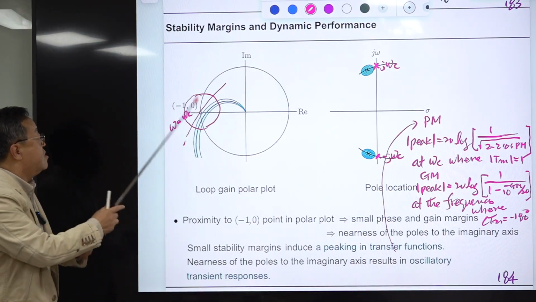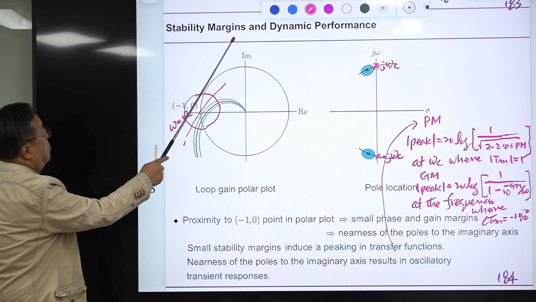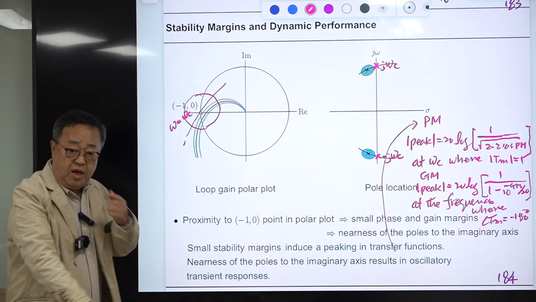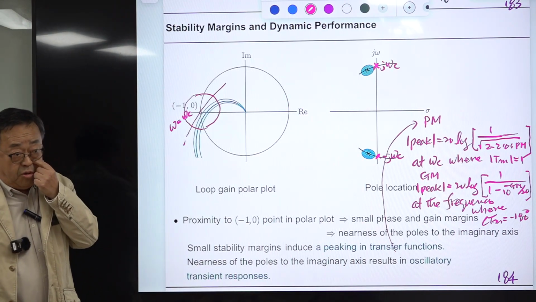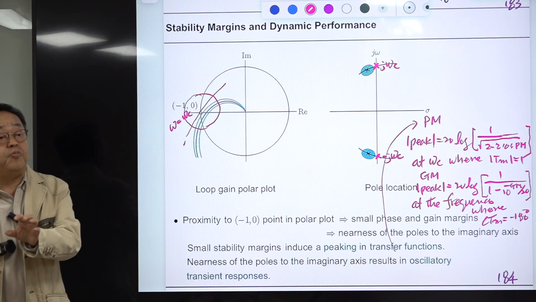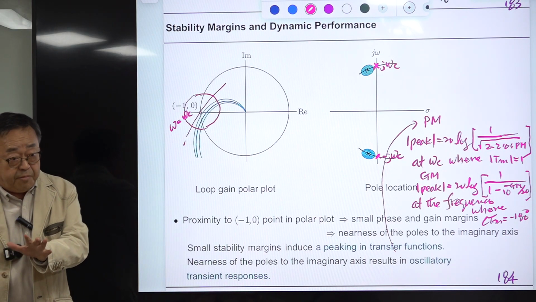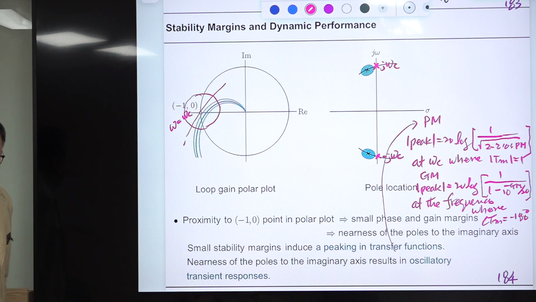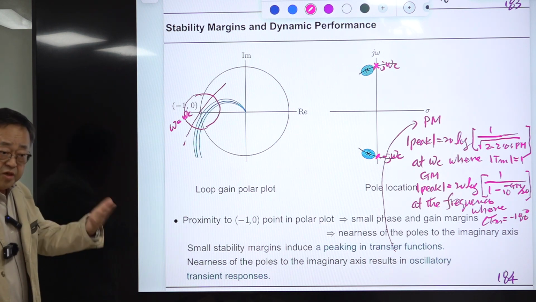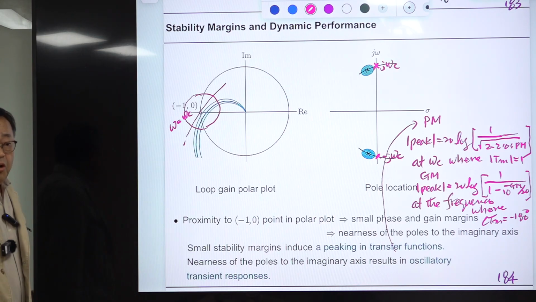But this is very important: stability margins can be used as metrics for the closed loop performance of the system. Particularly the phase margin is very important. That is of prime importance when you are considering the closed loop performance of your system.